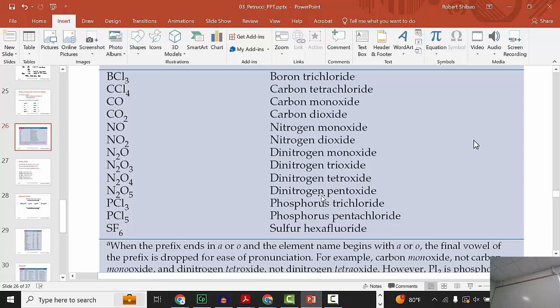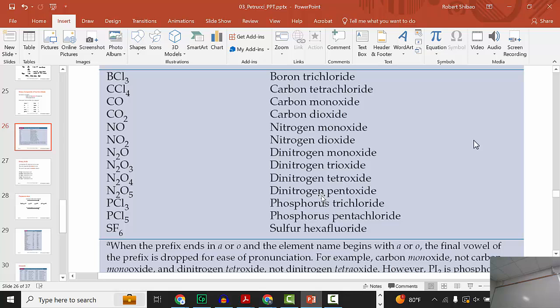What's 4? 4 is tetra, so dinitrogen tetroxide. Oxidation state of nitrogen? +4. And this would be called dinitrogen pentoxide. And the oxidation state would be +5. Can we go any further than +5? No, we can't go any further.